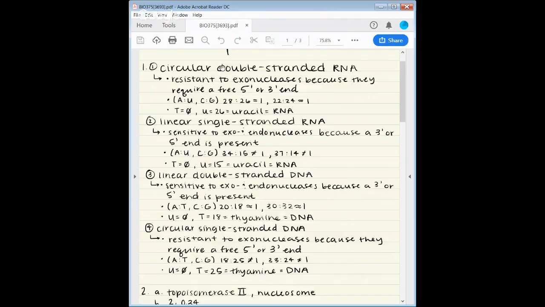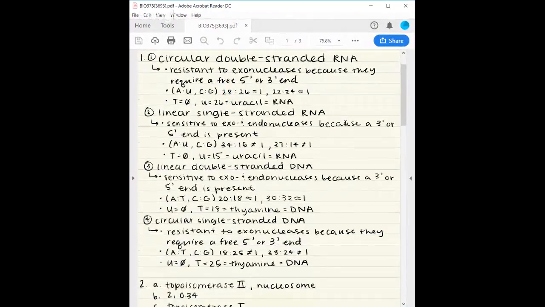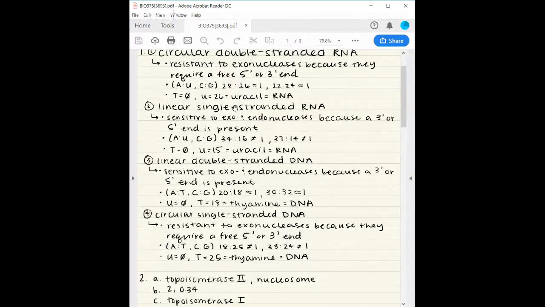And then I said it was double-stranded because the A to U ratio and C to G ratios were about equal to 1. And then I said that it was RNA because it used uracil and not thymine.